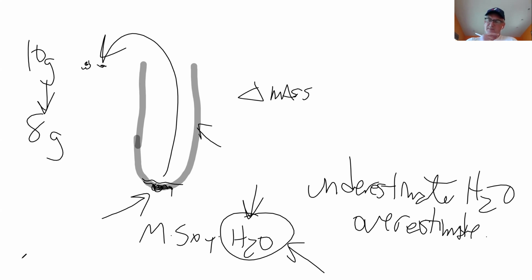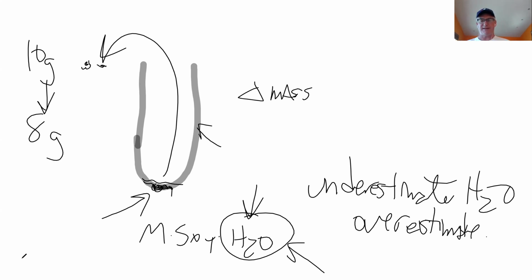Is that going to underestimate or overestimate the amount of water in my sample? It'll be an overestimate.